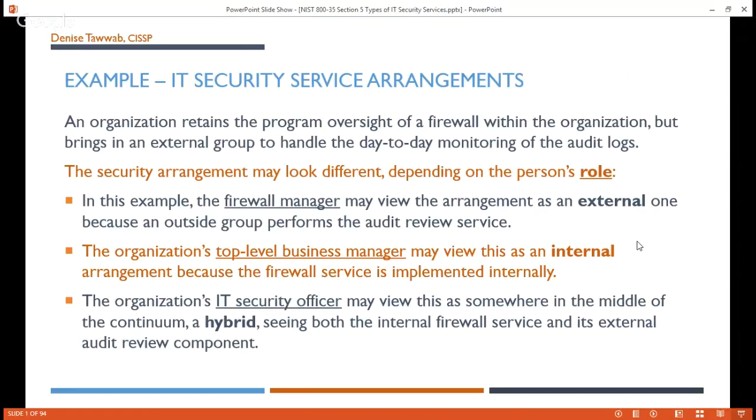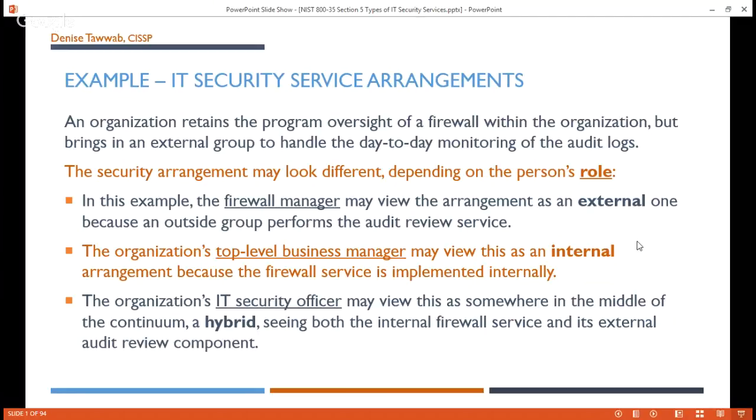I'll give you an example. The firewall manager is probably going to look at the arrangement as an external one because an outside group is performing the audit review service. The top-level business manager in this scenario is going to see this as an internal arrangement because the firewall service is implemented internally and managed internally, because that's the level that he or she is looking at this arrangement.